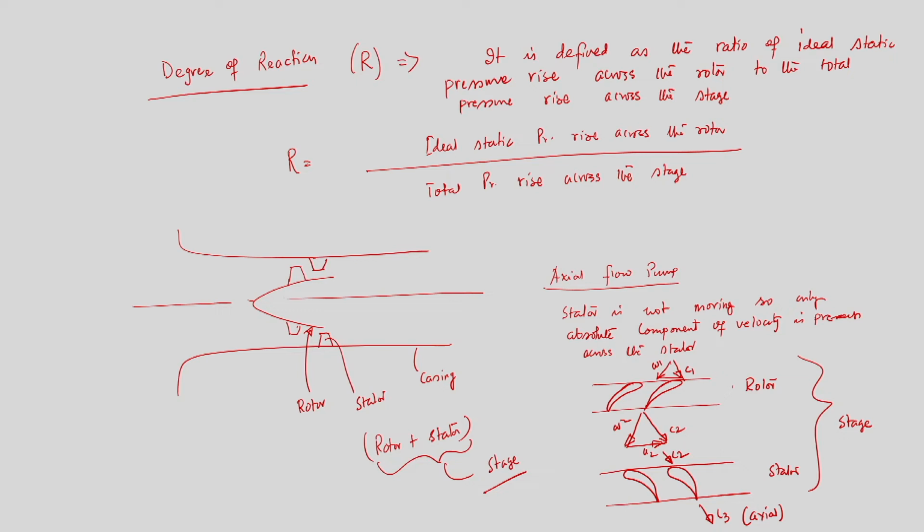So, we have drawn a particular case and shown what the stator is and what the rotor is. As I said, the stator is not moving, so only the absolute velocity component is present there. So, C3 coming out from the stator is in the axial direction. Now, it is very important to note that whenever fluid approaches the stator, we may have different angles.